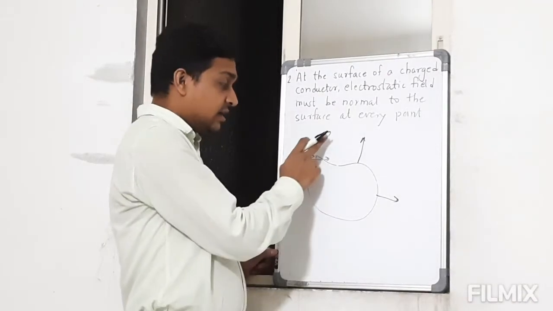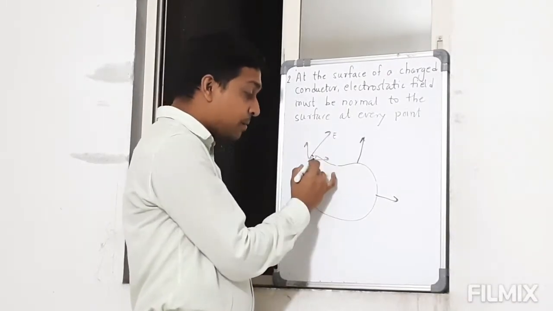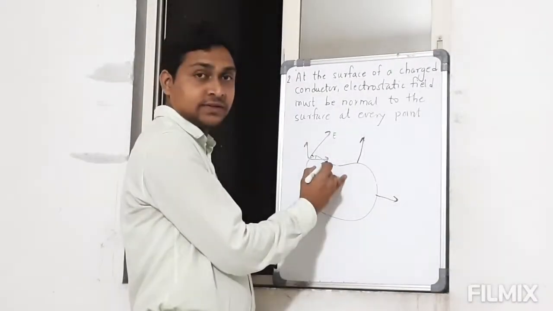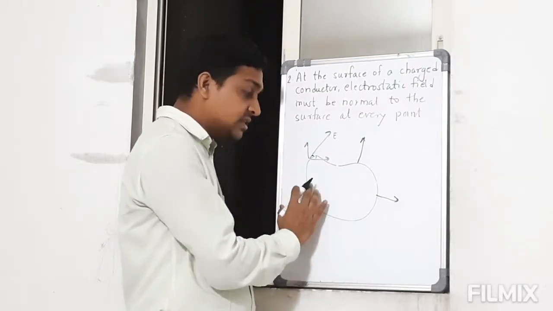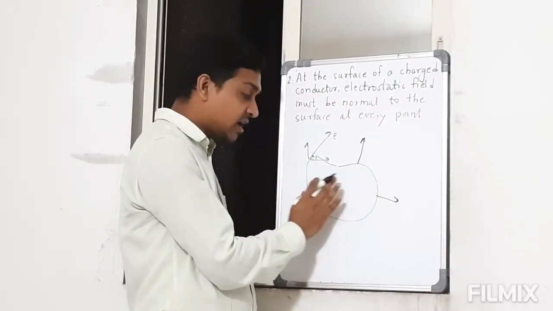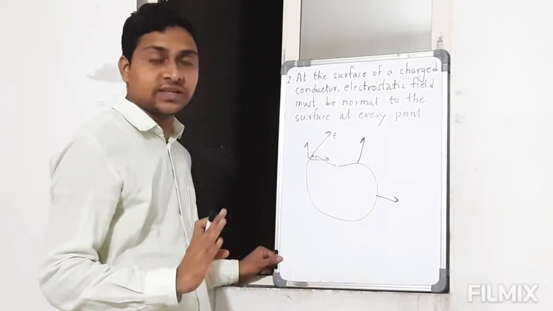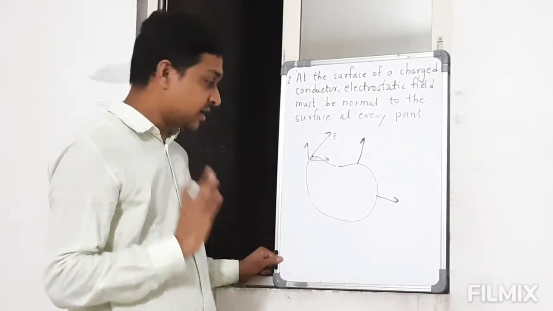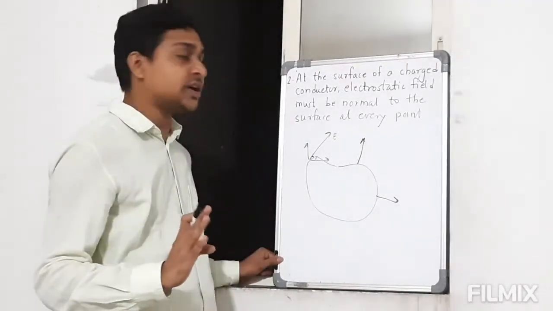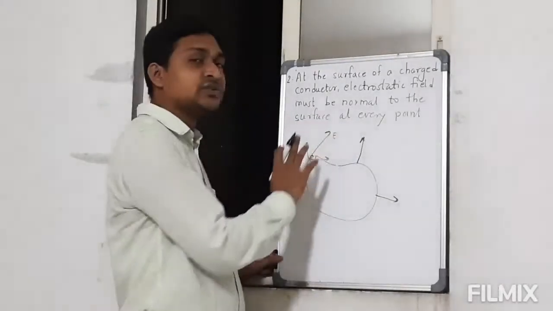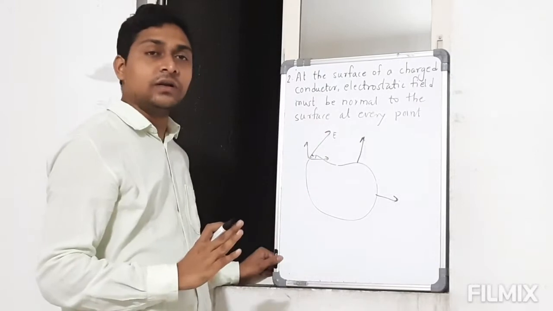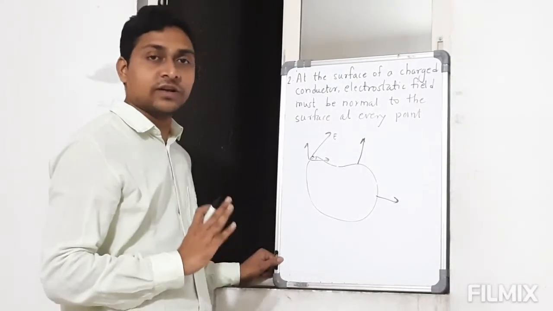When the electrostatic field has a component along the surface, there should exist a surface current, meaning charges should move along the surface, but no such motion exists. Surface current never exists in the electrostatic field. That's why the electrostatic field must be normal to the surface of a conductor at every point.